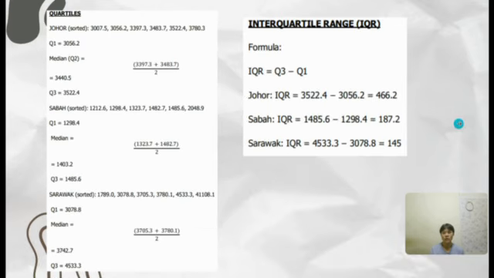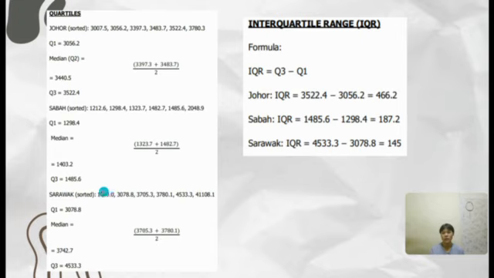Okay, the next one is quartiles. For Johor, we use Q1 and the median, which is Q2, equals the equation here, and then the final answer is 3,440.5. And for Q3, we use 3,522.4.